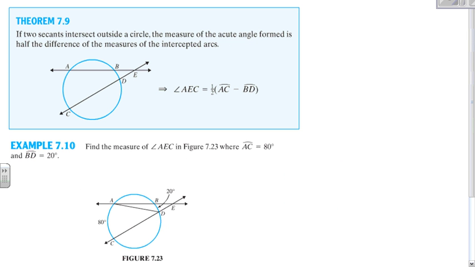In a circle, you can also have two secants that intersect outside the circle. And if the angle is outside the circle, it's 1/2 the difference of the arcs. So you subtract the two arcs and divide by 2.